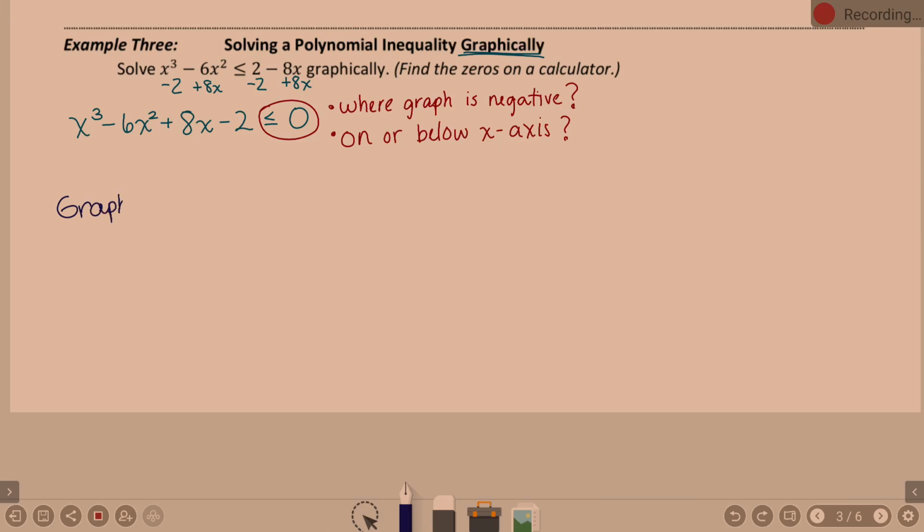I'm just writing some notes here. Y equals x cubed minus 6x squared plus 8x minus 2. And then after you graph that, the question is going to be, what are the zeros?